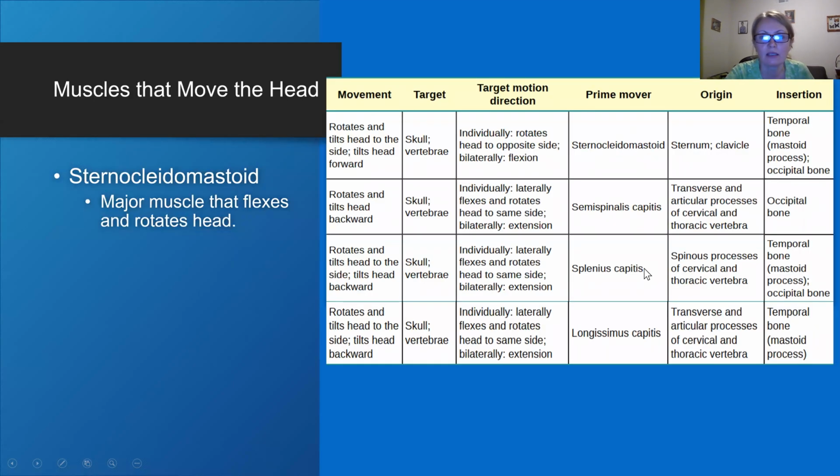But here, again, the summary: we have sternocleidomastoid and we have splenius capitis. Sternocleidomastoid rotates and tilts the head to the side and tilts the head forward. And splenius capitis rotates and tilts the head to the side and tilts the head backward, right? Okay. So sternocleidomastoid is the major muscle that flexes and rotates the head.